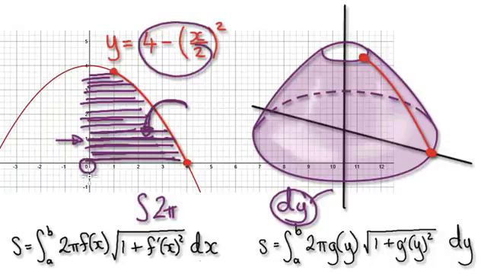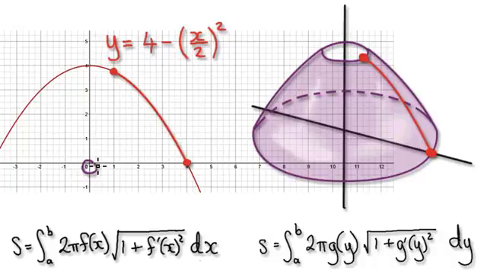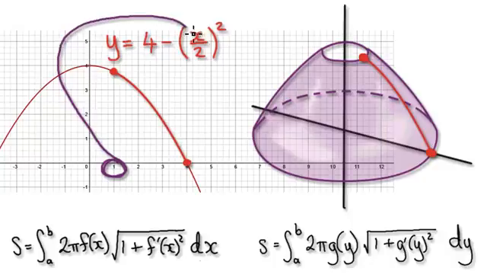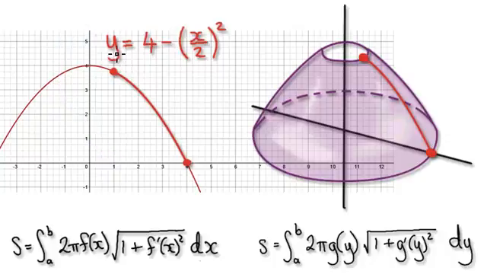And don't forget, you are summing from 0 to this point here. So you need to know where this point is. This point here will be when you put 1 into the x here, and that will then give you your y.